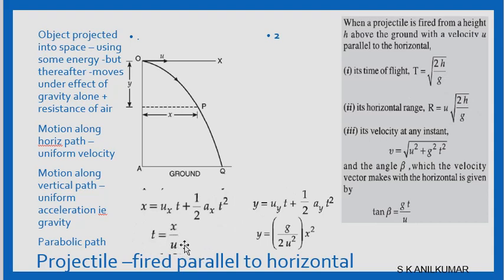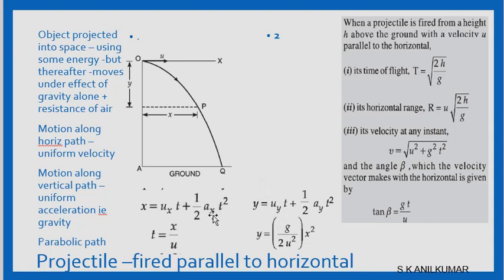Y equals uy into t plus half into ay into t square. If initial velocity is taken as 0, only the second portion will remain. If acceleration or gravity is taken as 0, only one portion will remain.